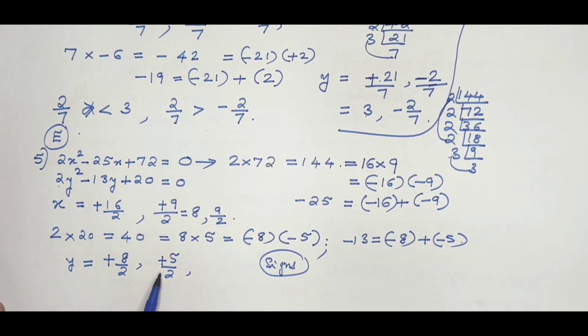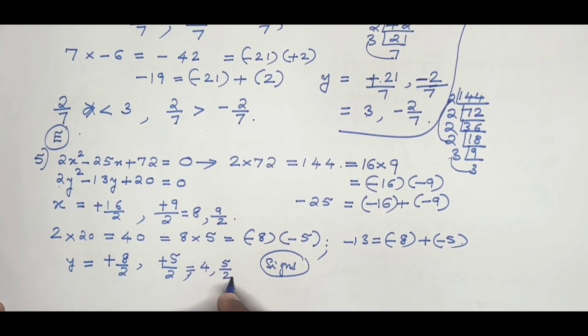Okay, so these are the final values. So the first one is 4 and the second one is 5 over 2. So these are the y values and these are the x values.